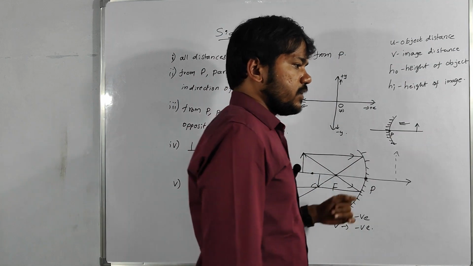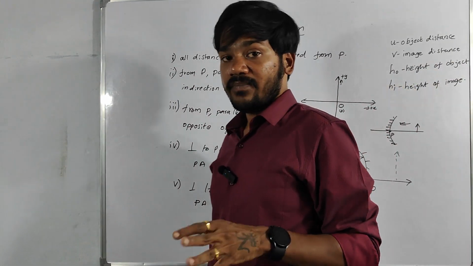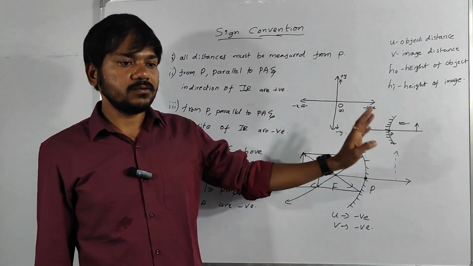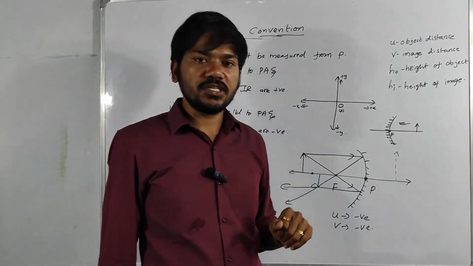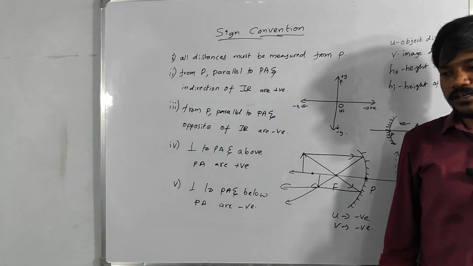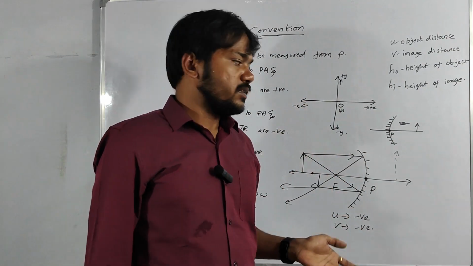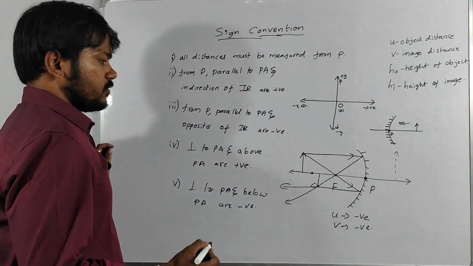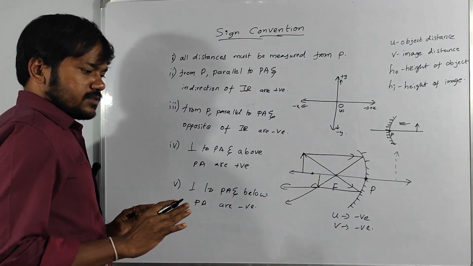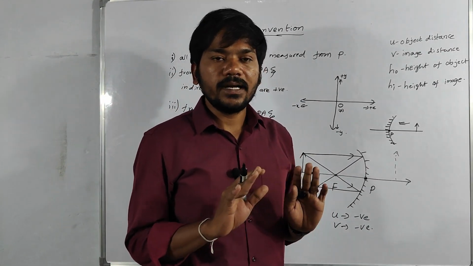The first case of the convex mirror, and even the second case of the convex mirror, where the convex mirror can be used as a rear view mirror. That means it produces virtual images which are diminished and virtual, and in the same orientation. So the sign convention is not very difficult, but it can be a bit confusing.